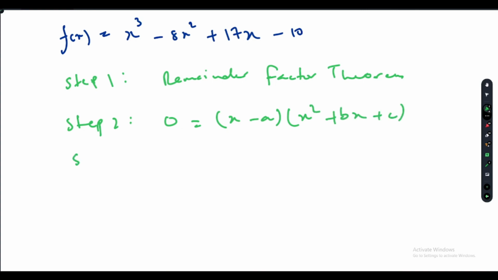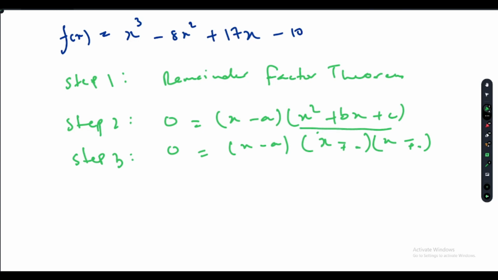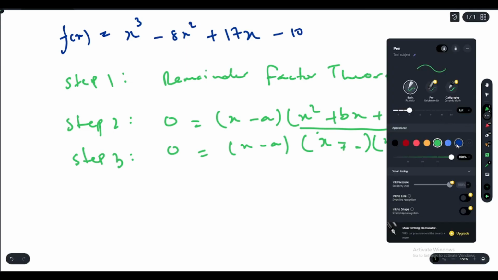And then finally, step 3 would be to factorize our trinomial into the two brackets, x minus something, or plus or minus something. Some number which we need to figure out, and that's obviously just factorizing this trinomial. So let's follow this three-step plan in order. Let's begin with using the remainder factor theorem.